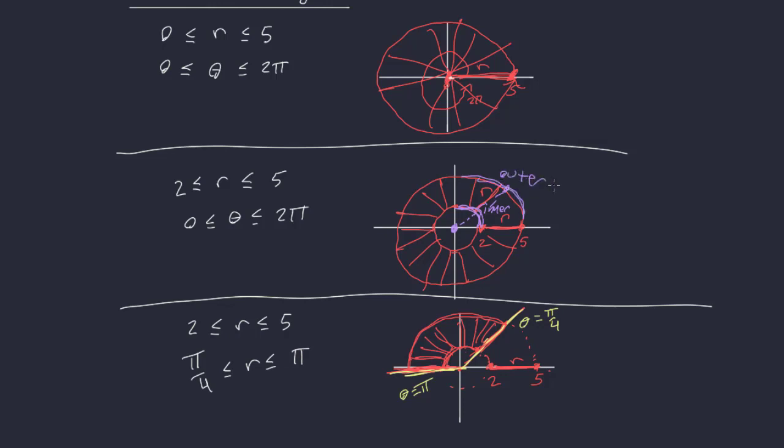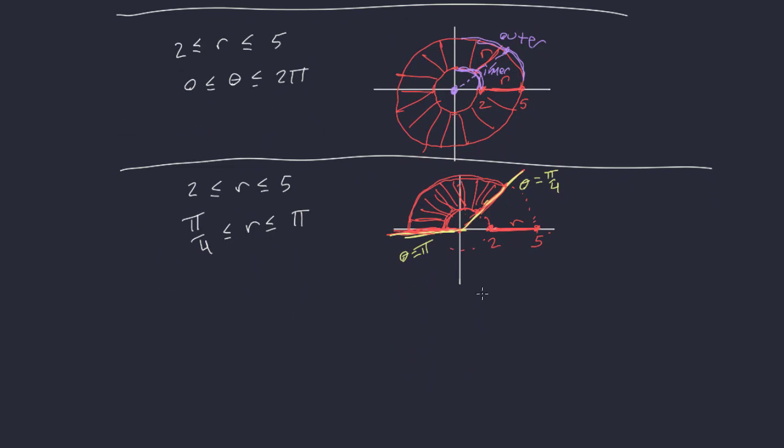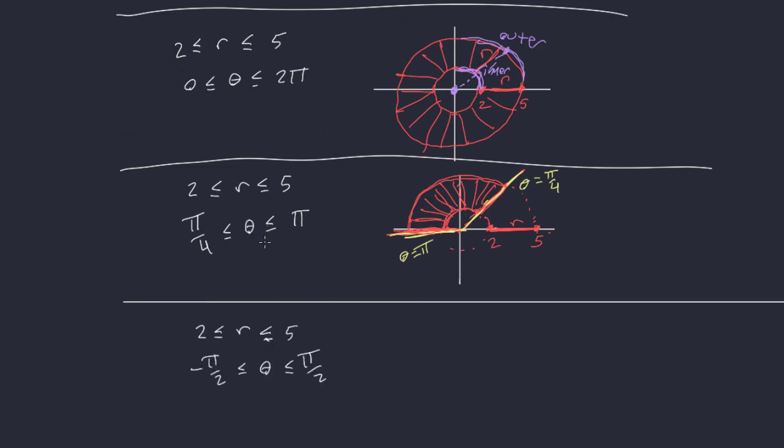So instead of left to right or bottom to top, it doesn't make sense to talk about polar rectangles that way. Instead, it's more starting angle, ending angle, inner radius, outer radius. Okay, and I just realized I put an r there instead of a theta. Sorry about that.